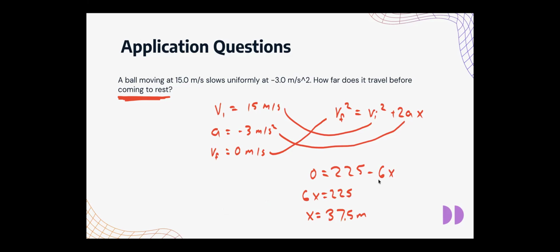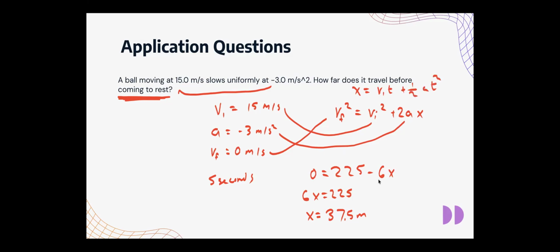Another way to solve this is by figuring out that it takes 5 seconds for the velocity to be zero. So if we know that all of this is happening in 5 seconds, we can use x equals VIT plus 1/2 AT squared.